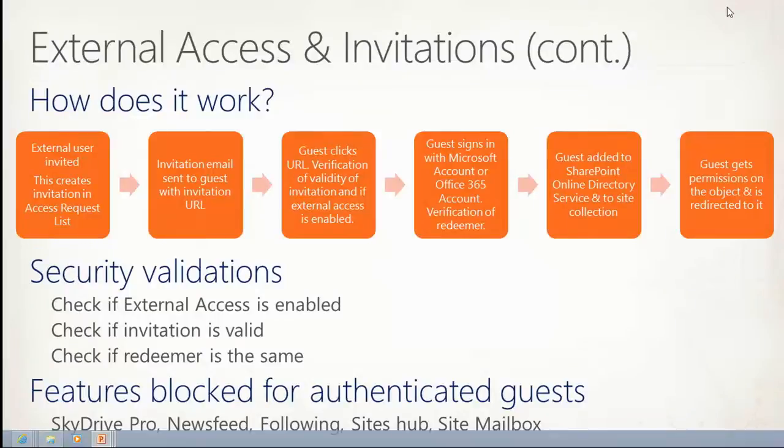So if someone makes up a URL that looks like this URL, it's not going to work. Secondly, it checks if external access is enabled on this site collection that we are talking about. If both of these are right, then the user is asked to sign in. He's given a choice to sign in using a Microsoft account or Office 365 account, chooses one identity provider, goes in. We redirect the user to the identity provider sign-in page.